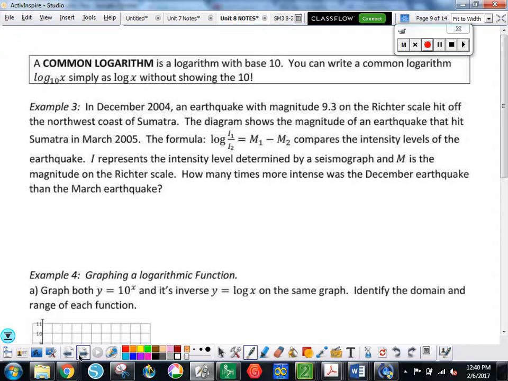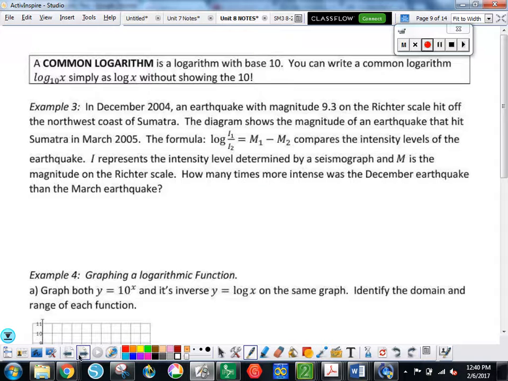Okay, let's move on. Now the common logarithm. Just a minute ago, Lee and I were talking about how when you plug this into the calculator, it always defaults to base 10. That's because base 10 is kind of the default log, so it's called the common logarithm. We just call it log base 10 or just log of x.